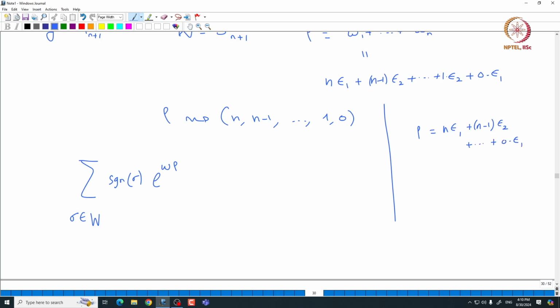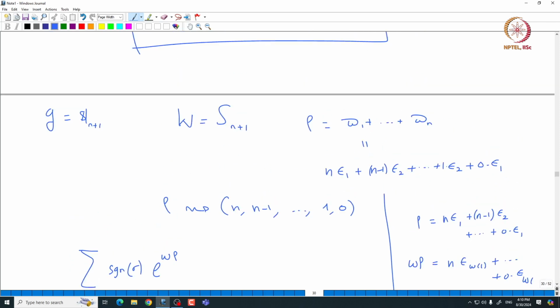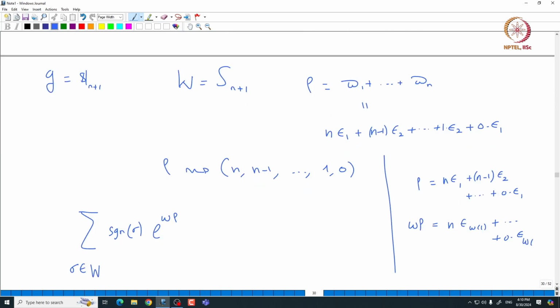If you use this basis, then you can easily see that if you write W rho, this is going to be n epsilon W of 1 plus etcetera plus 0 times epsilon W of n plus 1. Sorry, I am using both notations.